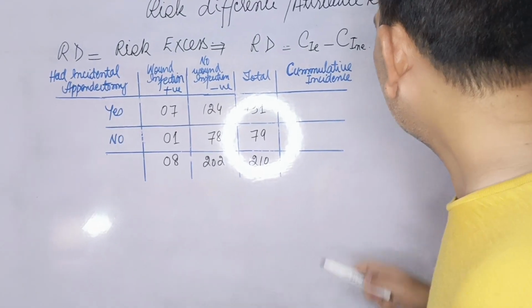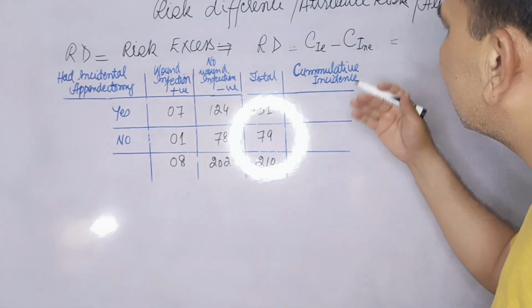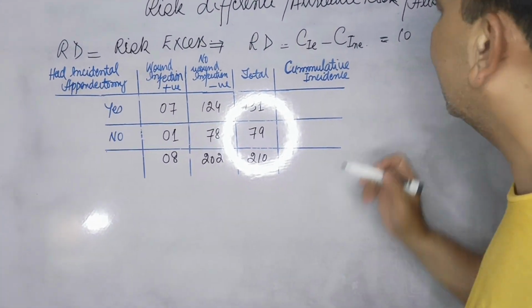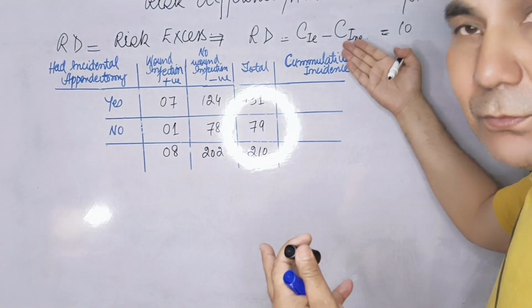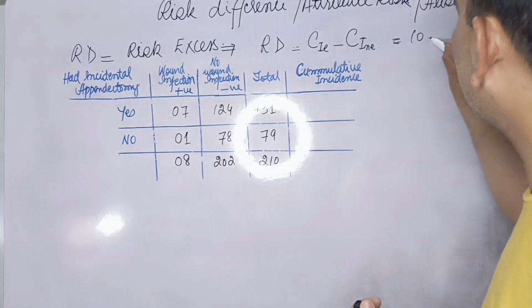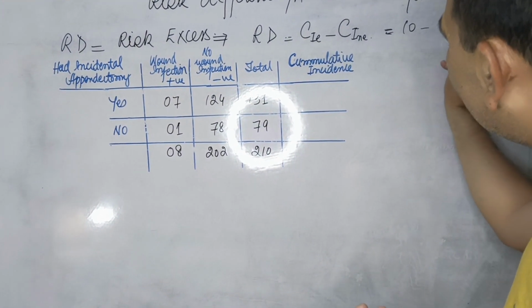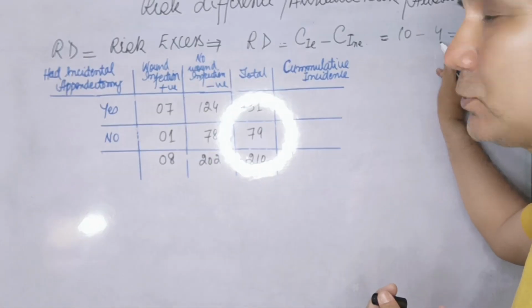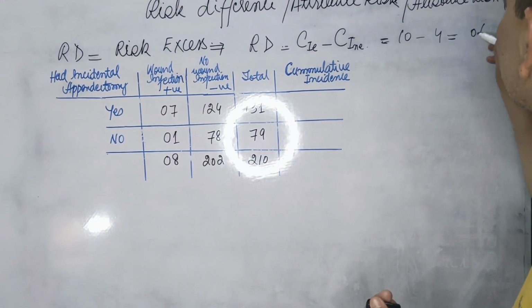Suppose the cumulative incidence in the exposed group is 10, and the cumulative incidence in the non-exposed group is 4. When we subtract the risk in the non-exposed group from the risk in the exposed group, we get the answer of 6.